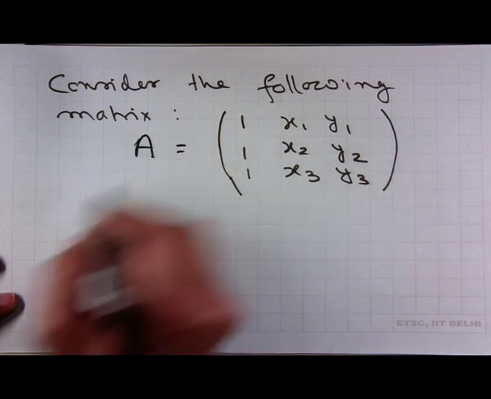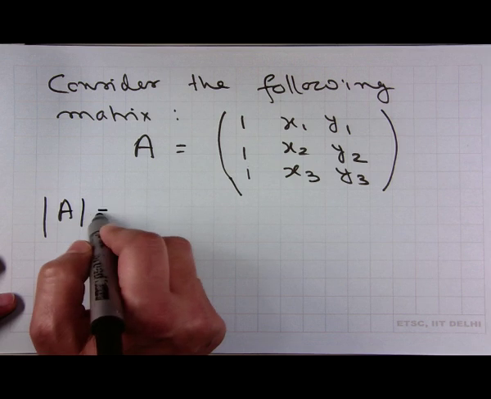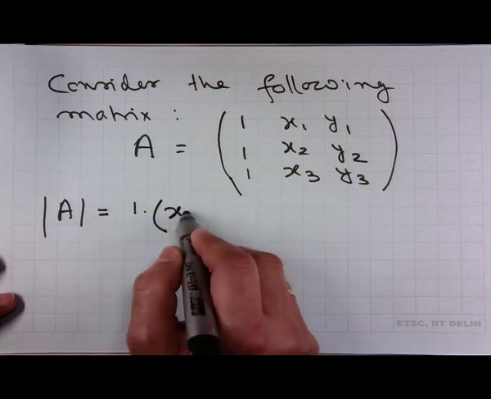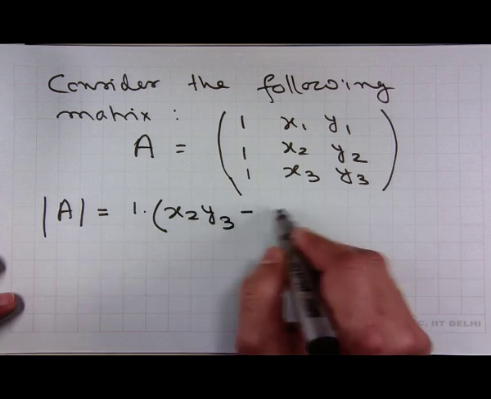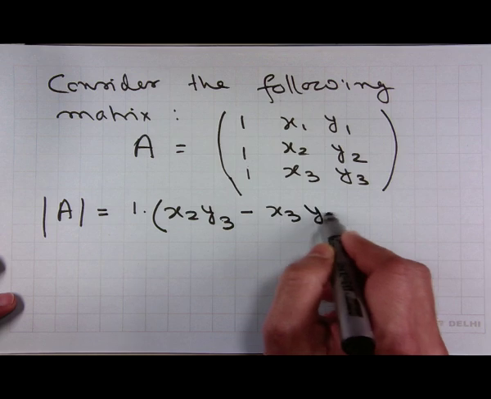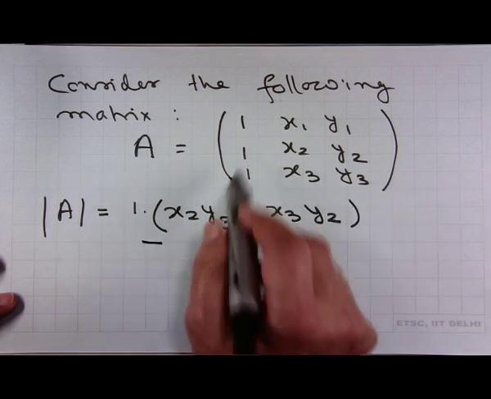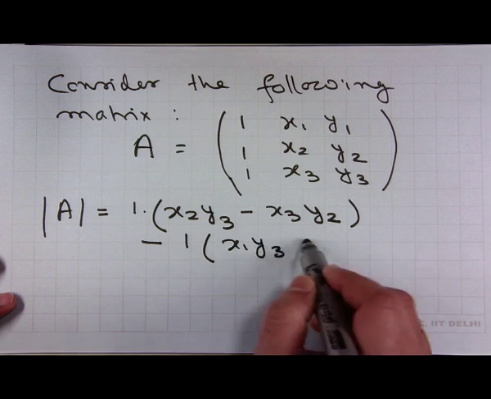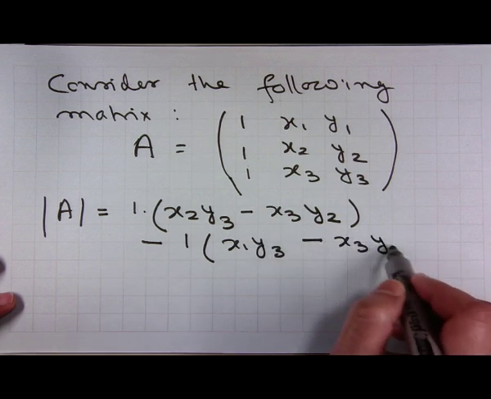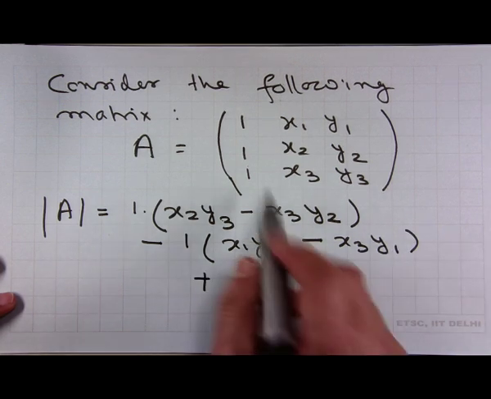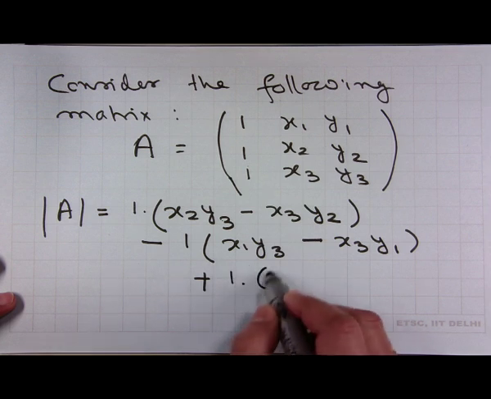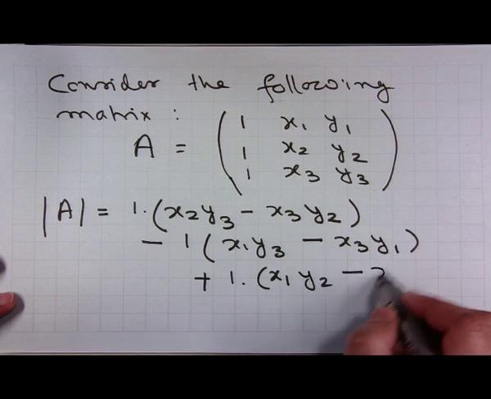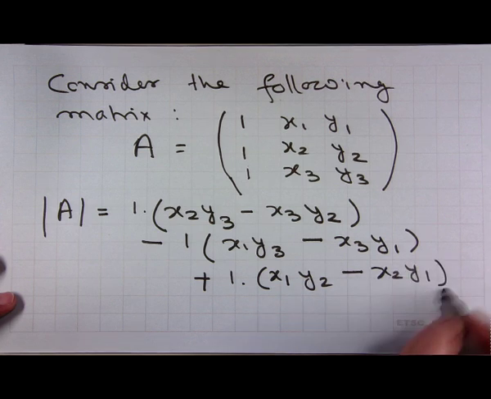If we call it A, then determinant of A is equal to 1 into x2 y3 minus x3 y2, minus 1 into x1 y3 minus x3 y1, plus 1 into x1 y2 minus x2 y1.